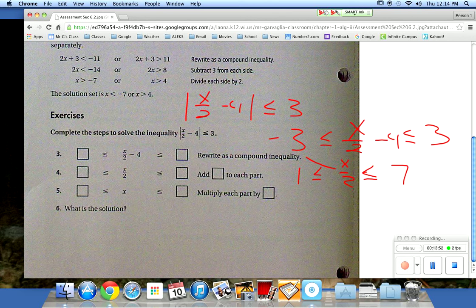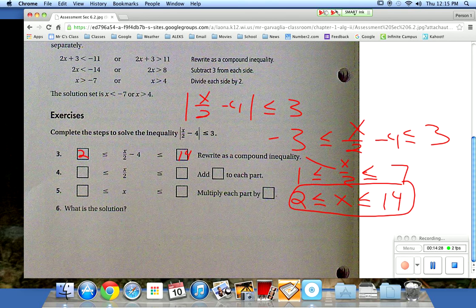This becomes 7 on that side. Next thing I'd do is I'd multiply everything by 2, right? Multiply this side by 2. Multiply this by 2, the 1/2 goes away on it. And we multiply this side by 2, and that would be 14. That would be your answer for this one here. So what they're saying in here is this should be a 2, this should be a 14.